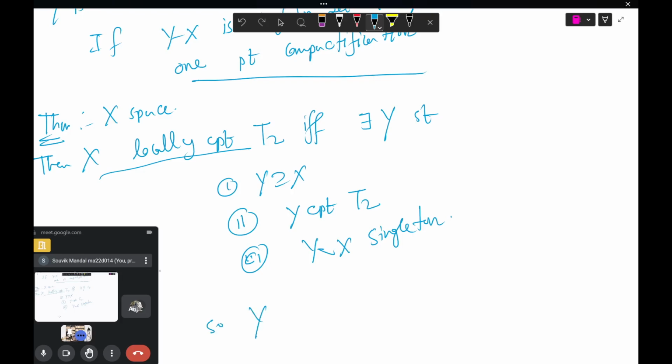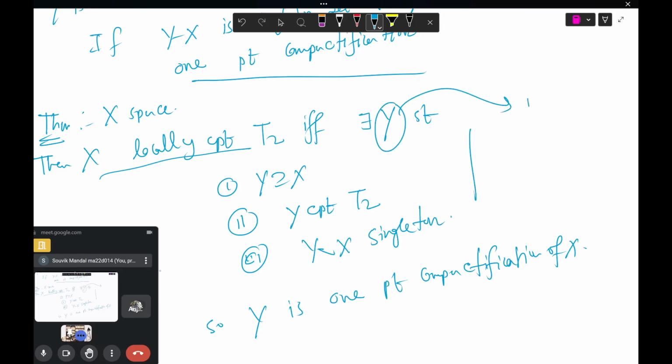So Y is a one-point compactification, and along with this, the theorem tells that such a Y is unique.